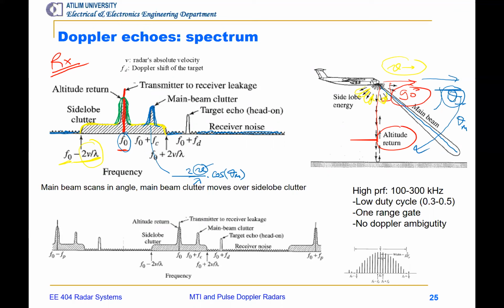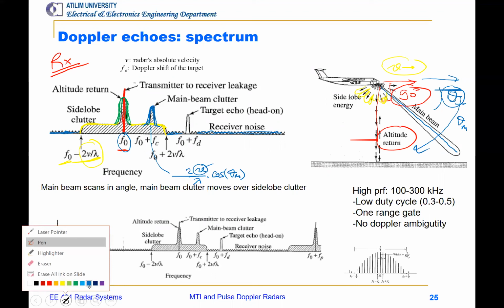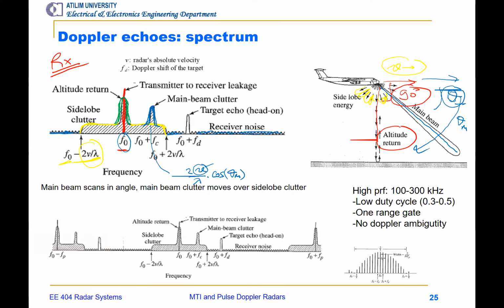Now, how about the target? If we got a target, let's say right here, okay, there is going to be a motion of this target, right? It's about the speed of the target.